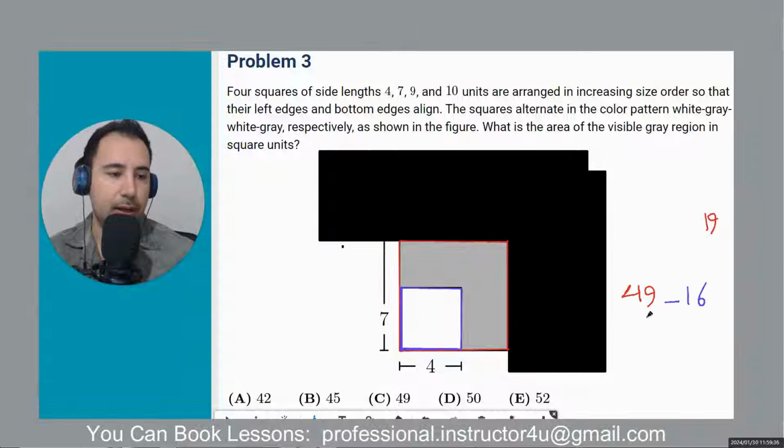What is the value of this? It becomes 33. So the gray region here is 33. We also had a 19, so all we have to do is 33 plus 19, so it's going to be 52. So we're just going to go with this option, E.